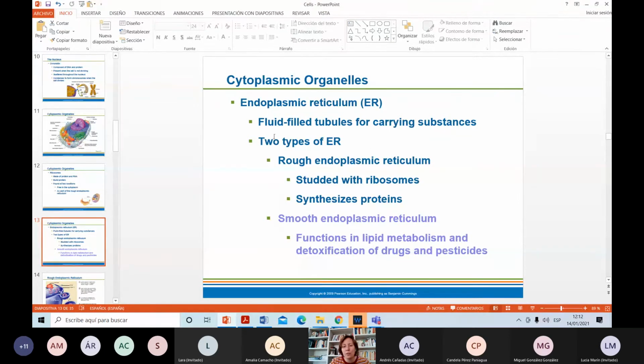We are going to focus on the rough endoplasmic reticulum that contains ribosomes. Because the mission of ribosomes is synthesize proteins, they are going to build proteins. The rough endoplasmic reticulum that contains these ribosomes is going to have something to do with proteins.